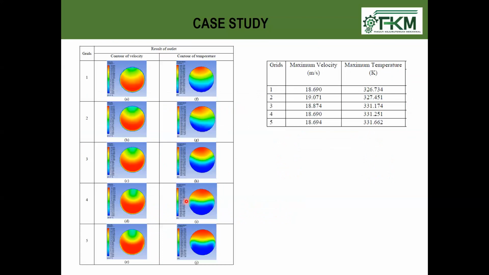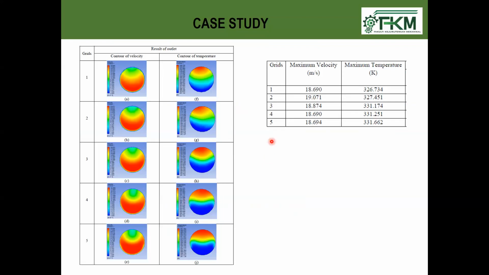But if we look at velocity, there is no difference. It depends on what you want to obtain, going back to your goals. If temperature is more important, you select grid number 4. If velocity is more important, maybe you can select number 3 or number 2 because it's not much different in value.